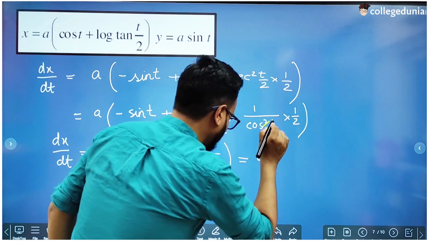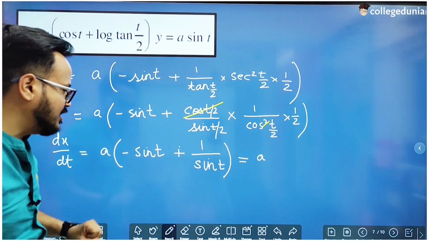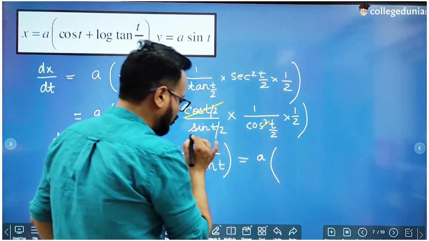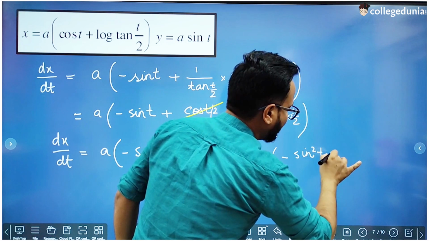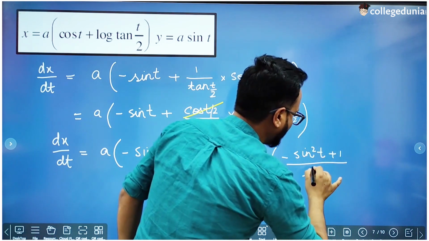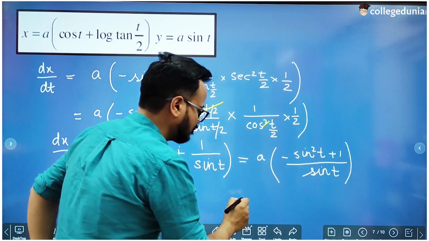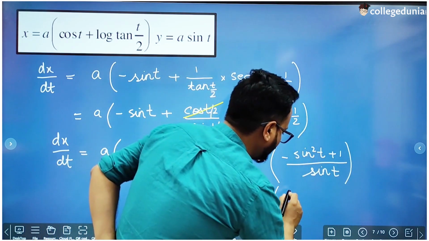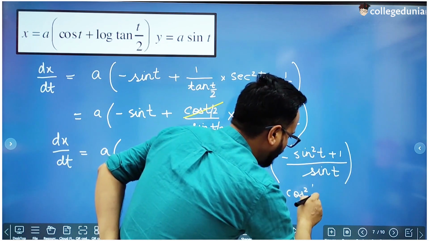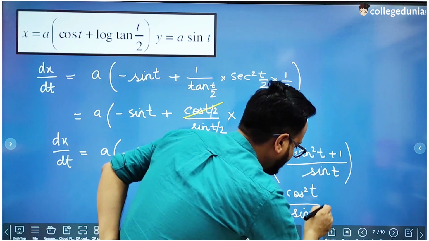Now if you take the LCM, this becomes minus sin square t, and this is 1 minus sin square t plus 1 by sin t. 1 minus sin square t is cos square t divided by sin t, right?